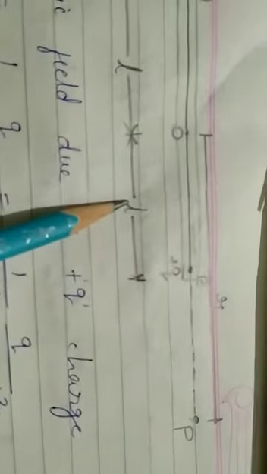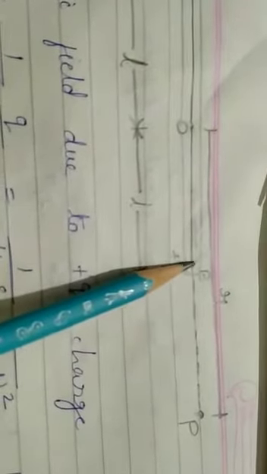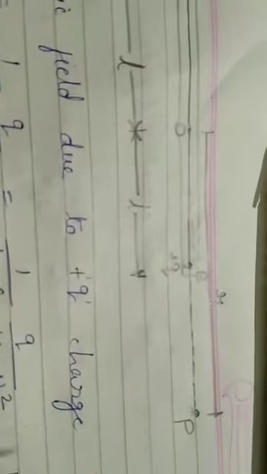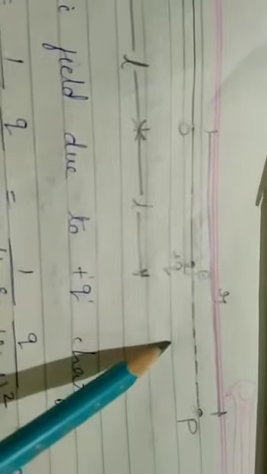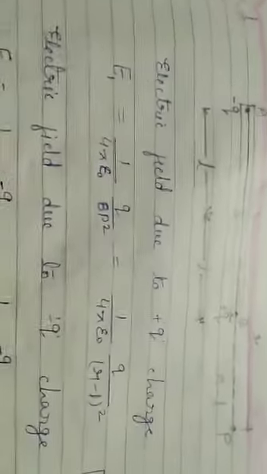Here the distance from O to P is r and from O to B is L, and we want only the distance from B to P. So BP will be r minus L, and that's why we put r minus L square.